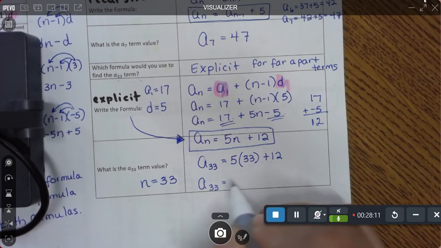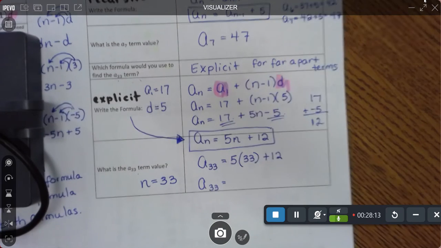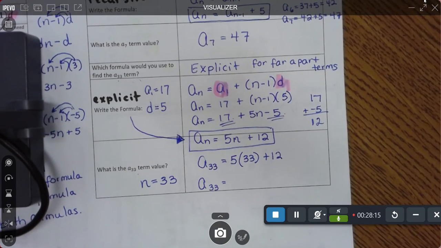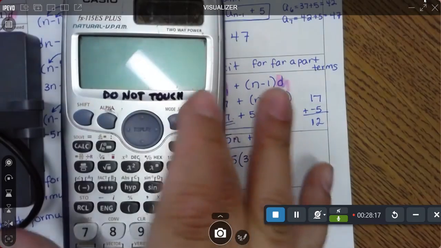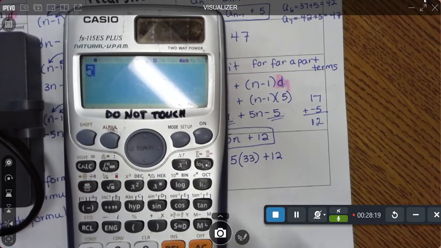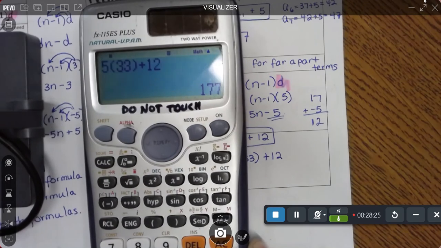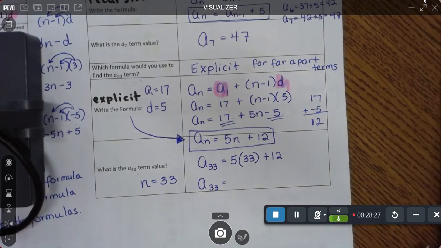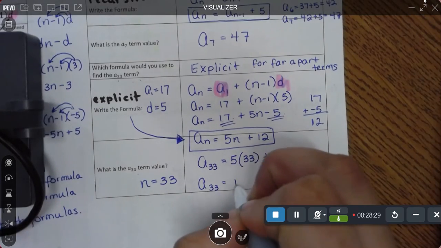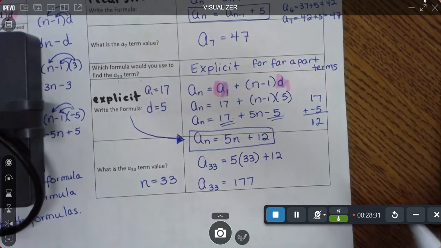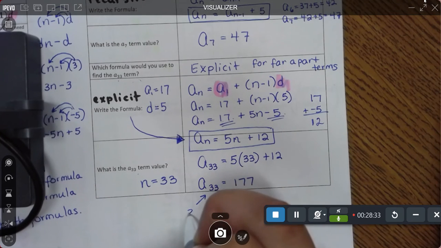All right, so now you get yourself a calculator. Five times 33 plus 12. 177. What do you mean 165? All right, 177. The 33rd term.